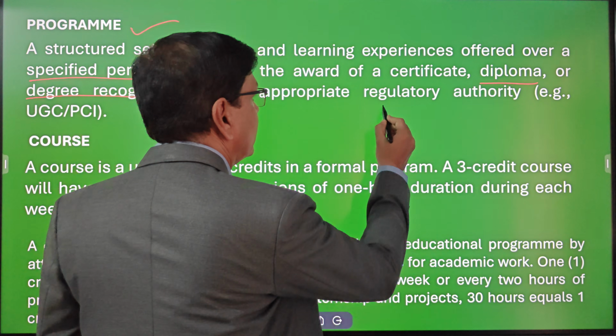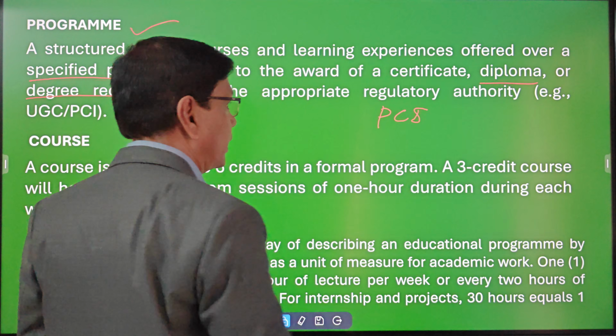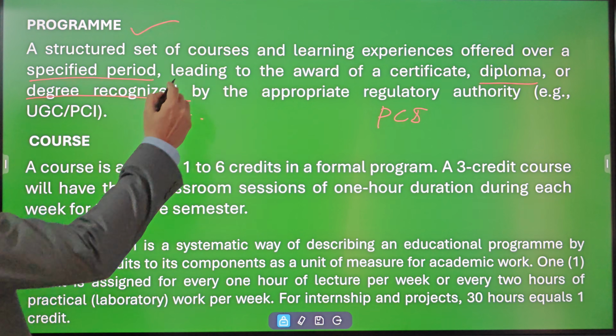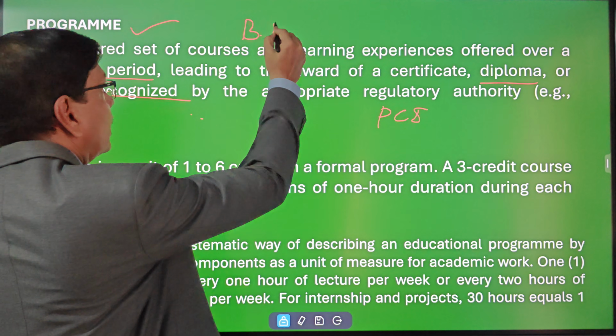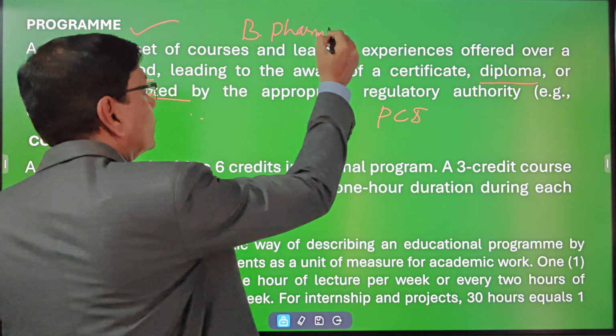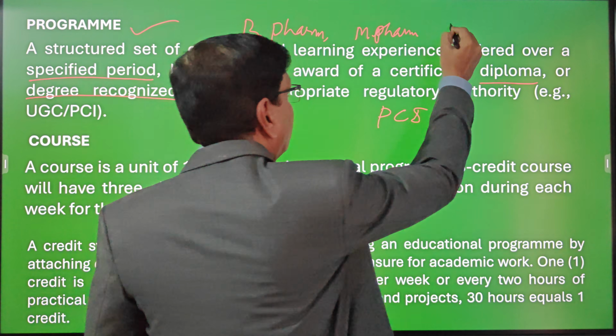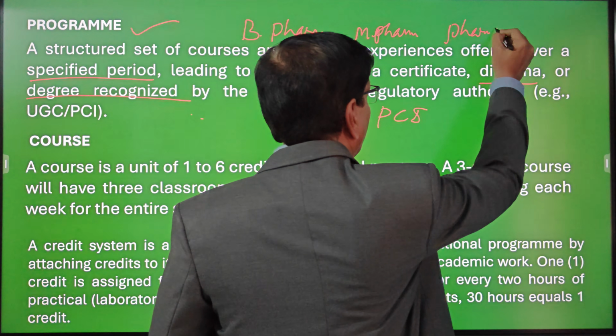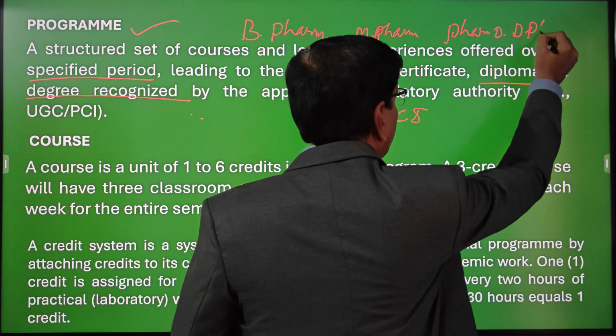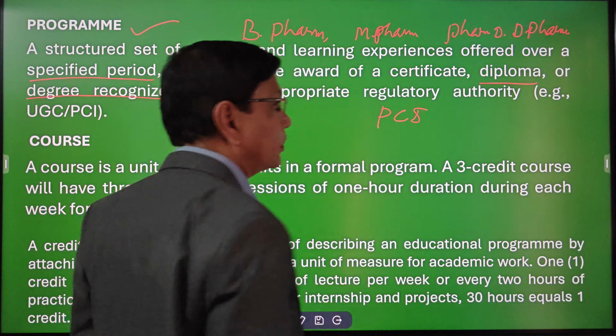The appropriate regulatory authority is our Pharmacy Council of India. So B Pharma is a program, M Pharma is also a program, Pharm D is also a program, and even D Pharma is also a program.